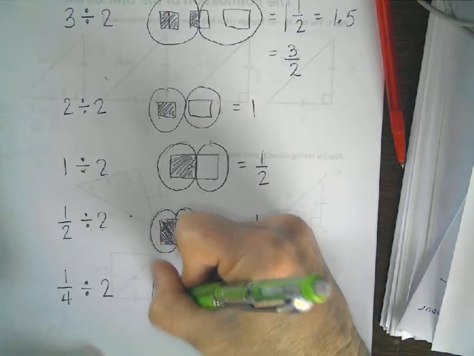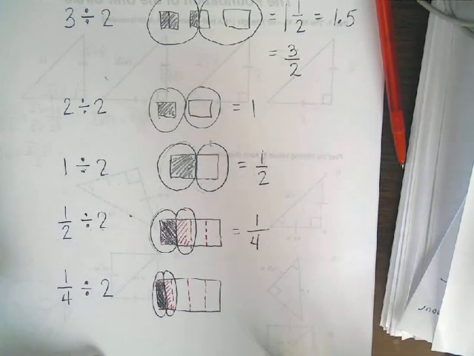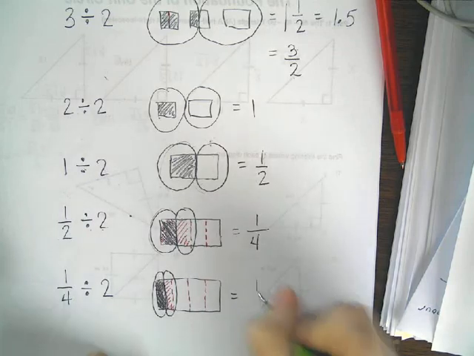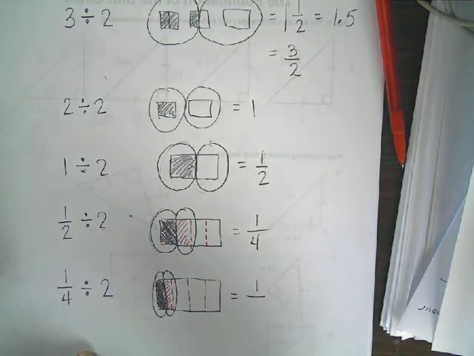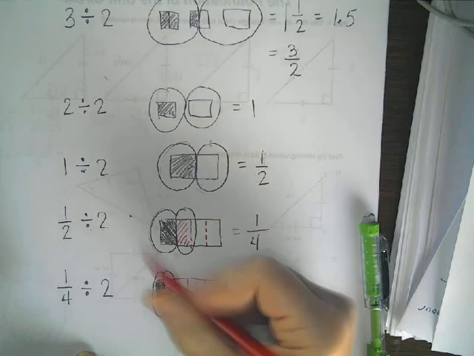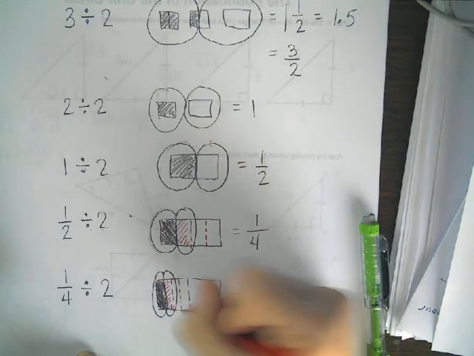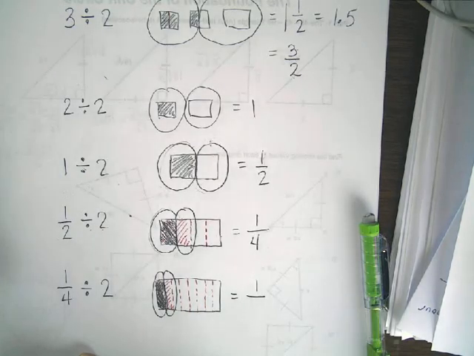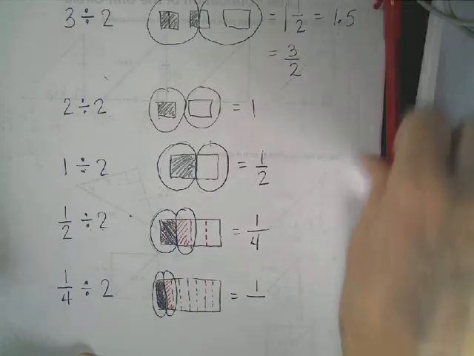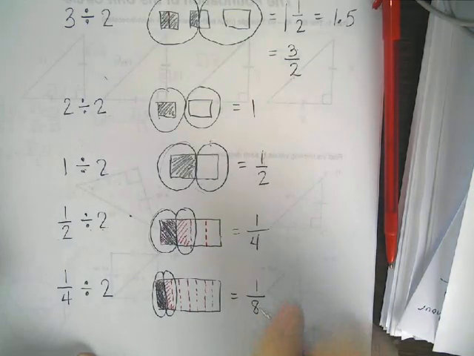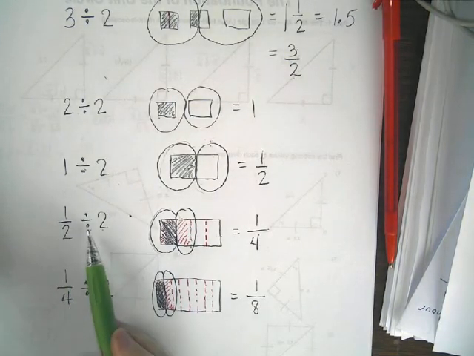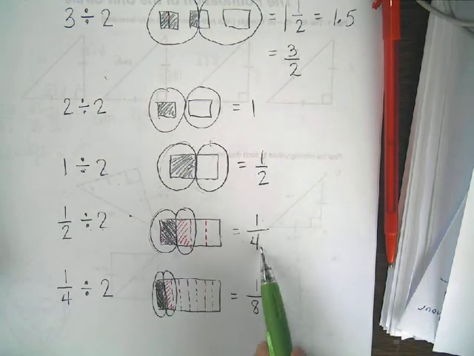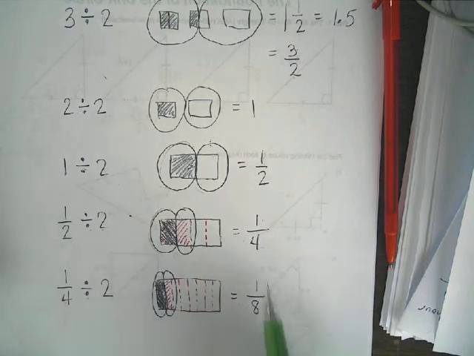Holy cow, that's getting really small. It's one piece out of how many? Well, they all need to be the same size, so I need to cut these in half also. So 1, 2, 3, 4, 5, 6, 7, 8. That equals 1/8. So 1/2 divided by 2 equals 1/4. 1/4 divided by 2 equals 1/8.